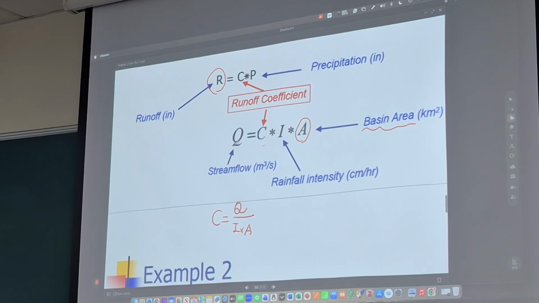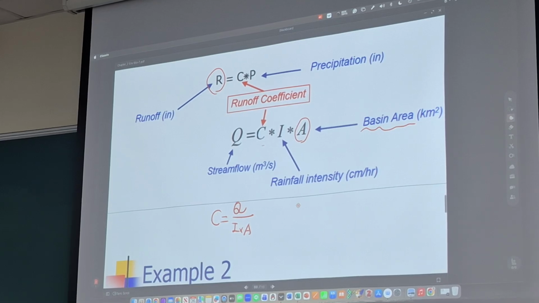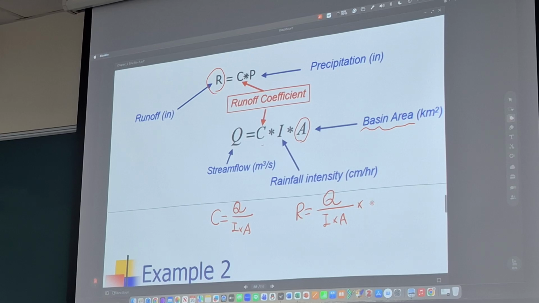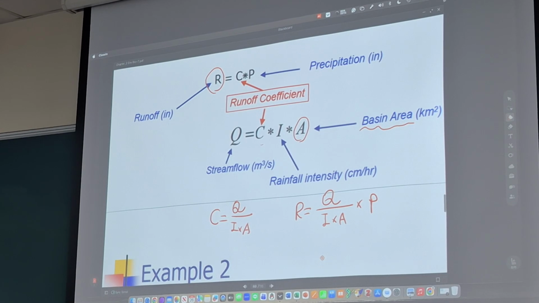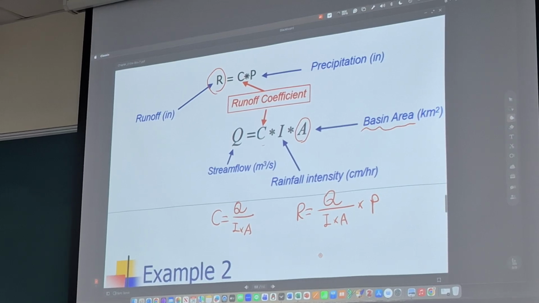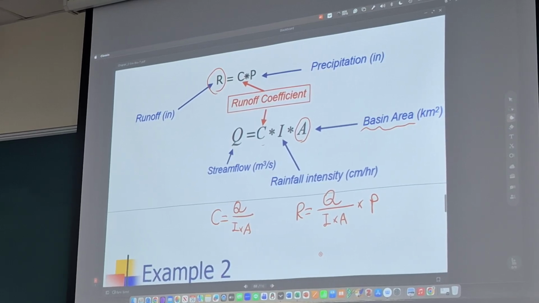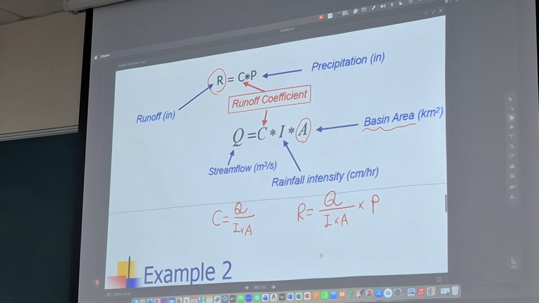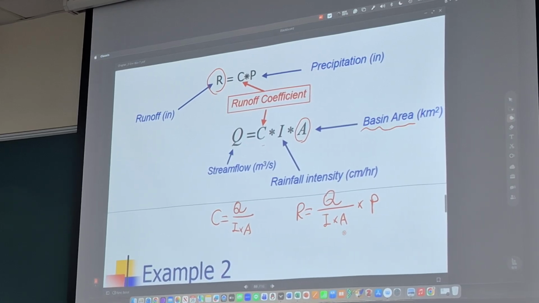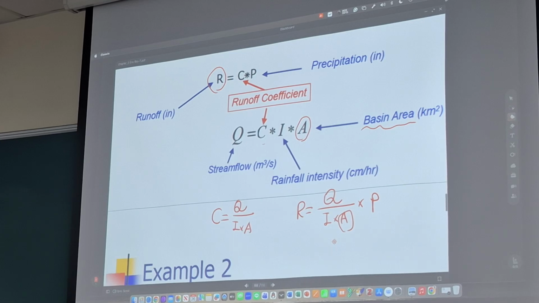So we can plug this in here. So R equals Q over I times A, times P. A is the area of the basin.